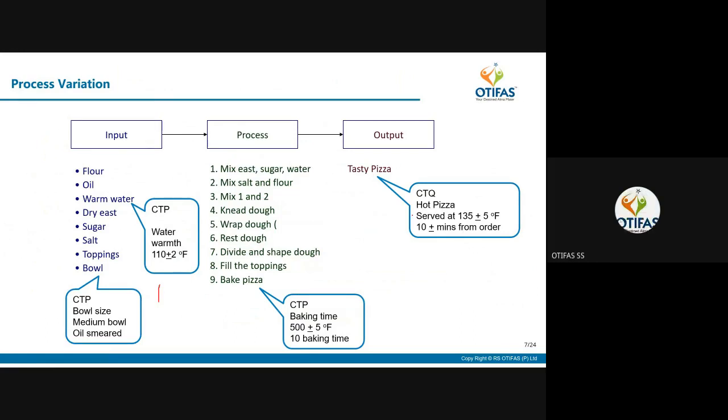Now, let's take that. We have taken critical to quality as two things: one is the temperature of the pizza, and the other is time served. Now, suppose you also have a CTQ called softness. If people want to maintain quality in their company, they have to collect data, output data and input data.